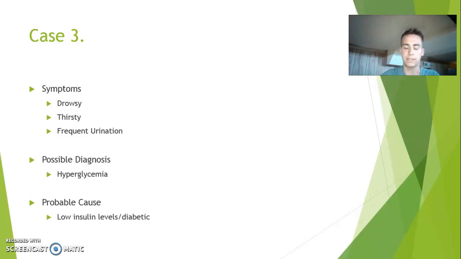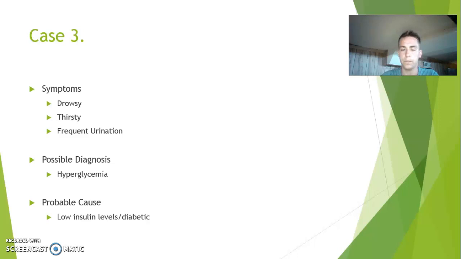So I'm expecting that this patient has an insulin deficiency, and because insulin in the body is responsible for promoting the glycolytic pathway and maintaining glucose homeostasis, the insulin's not really doing its job, and the body's not doing what it needs to essentially get rid of all of the excess glucose in the body, and in turn, it's resulting in this drowsiness and relevant symptoms related to having too much sugar in the body.